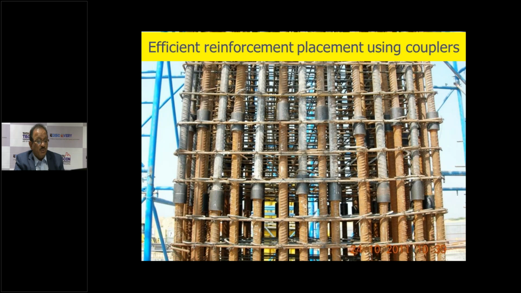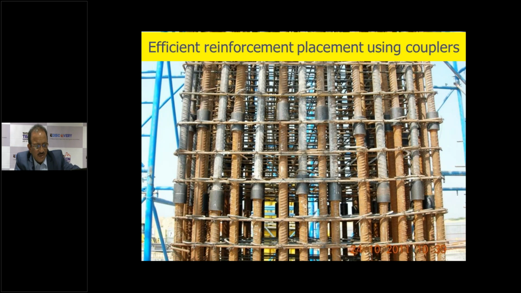I was talking to you about the couplers. What you have seen in the last slide can be corrected by using the couplers. Perhaps they had used a lot of laps for the column bars. That is why you could see that there is no space left. But here there are no laps provided. You can see these roughly 2.5, 3 inch length couplers.